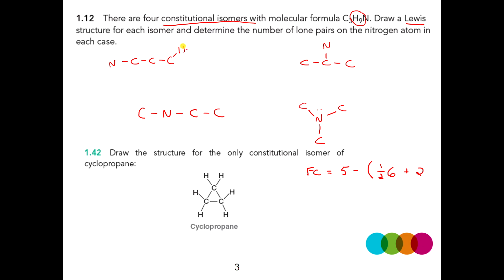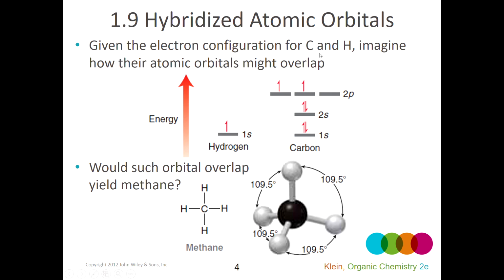So 1, 2, 3, 4, 5, 6, 7, 8, 9. And when I count up the valence electrons, I'd have 2 left to fill the noble gas for the nitrogen. Over here, 1. You can get the sense that I hate drawing in hydrogens, and they're really sloppy as a result. Super tedious. Oops.